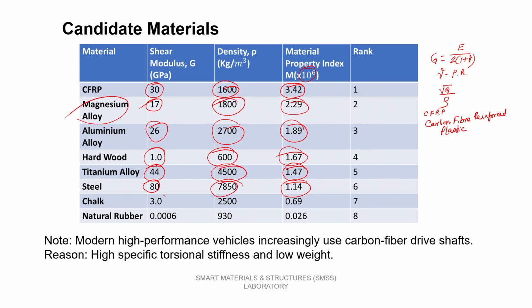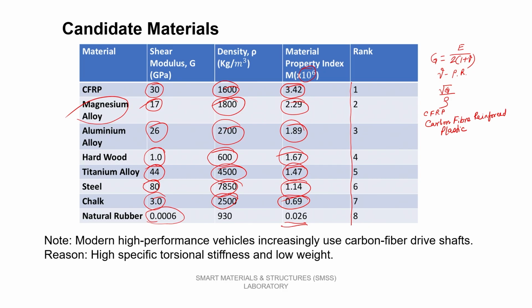If I take a chalk-like material, then it is 3 GPa, and with 2500 it will come out to be very low, 0.69. Natural rubber, if I consider, will have a very low shear modulus, so this will be the lowest. In fact, now if I look at the whole group, you would see that we have already ranked it from the highest to lowest material property index.